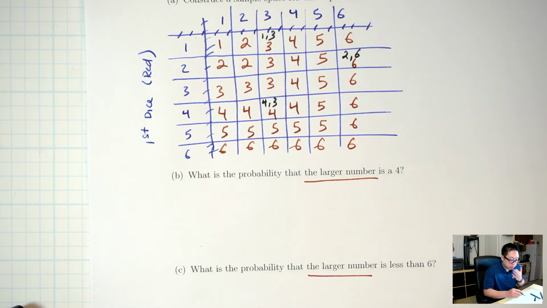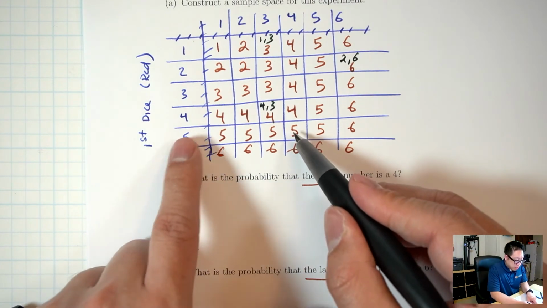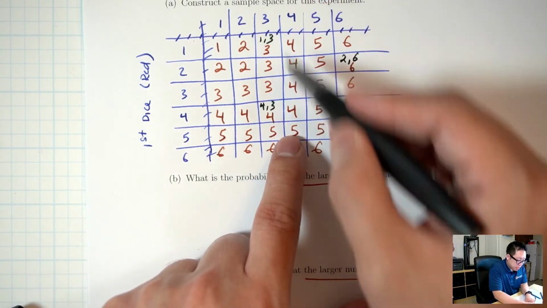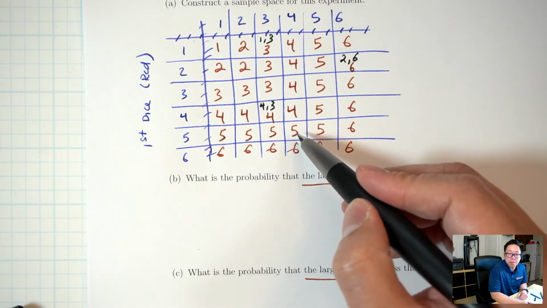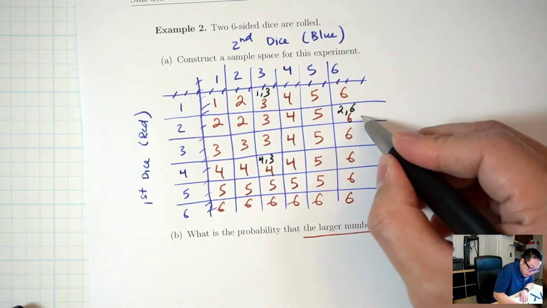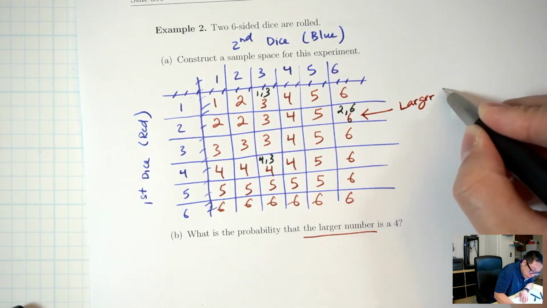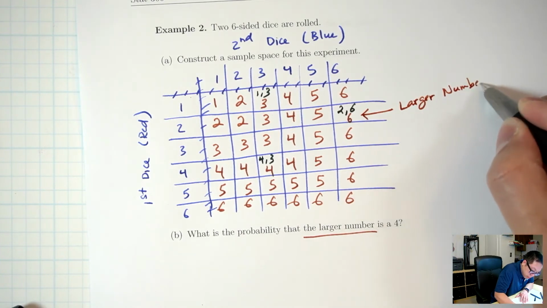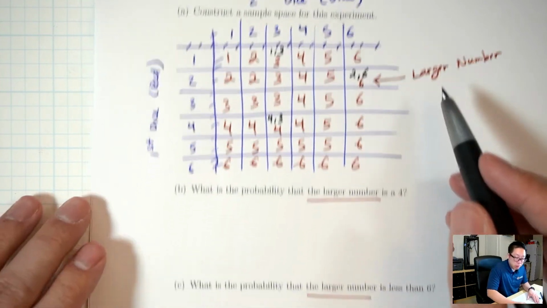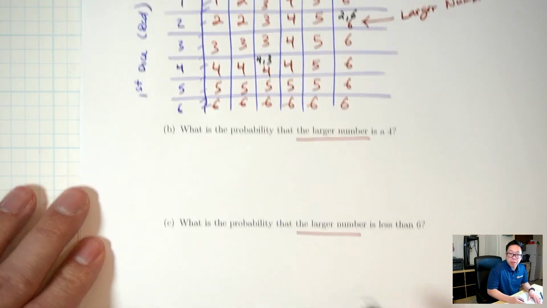In each case, for each box, I looked at the first dice, second dice, and then I just listed the larger number. So these are the larger numbers, and I'm putting the larger number because I'm asking about the larger number here.